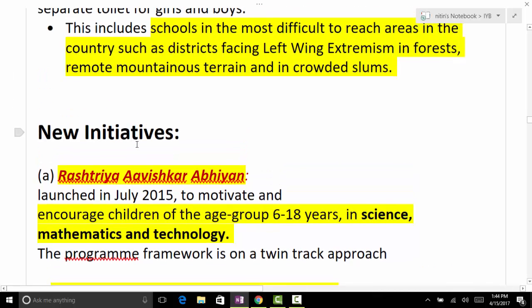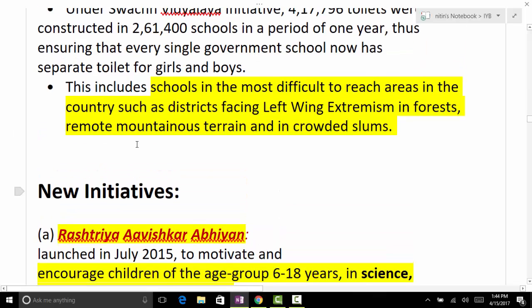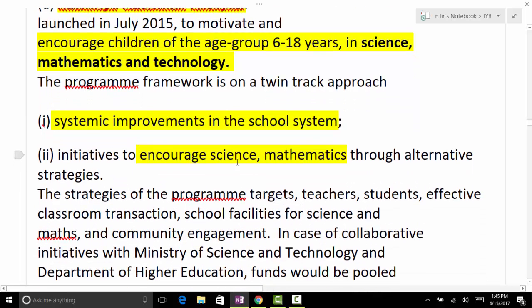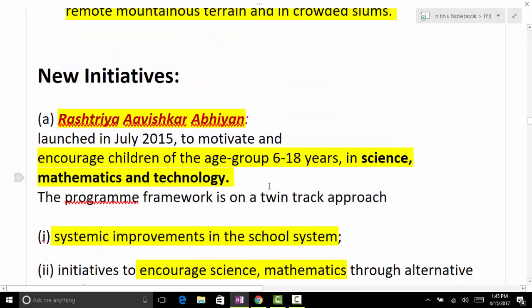Sir, other than Swachh Vidyalaya, which one are you saying? Swachh Vidyalaya, a cleanliness campaign will come ahead. Rashtriya Avishkar Abhiyan, Avishkar means invention, right? So national invention mission, encouraging children of age group 6 to 18 years in science, mathematics and technology through alternative strategies.